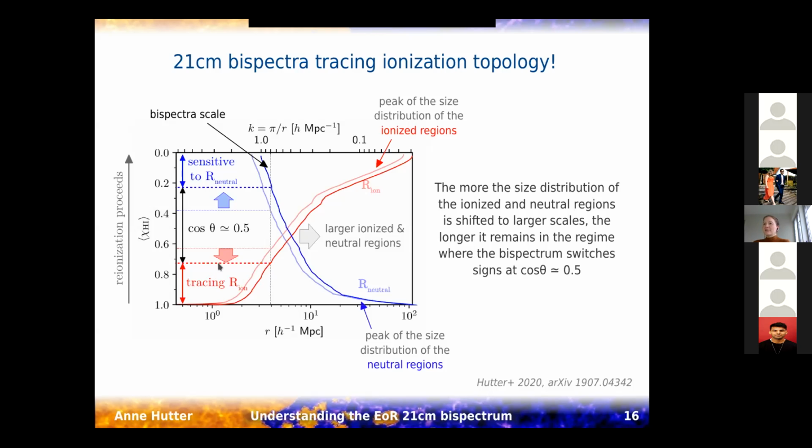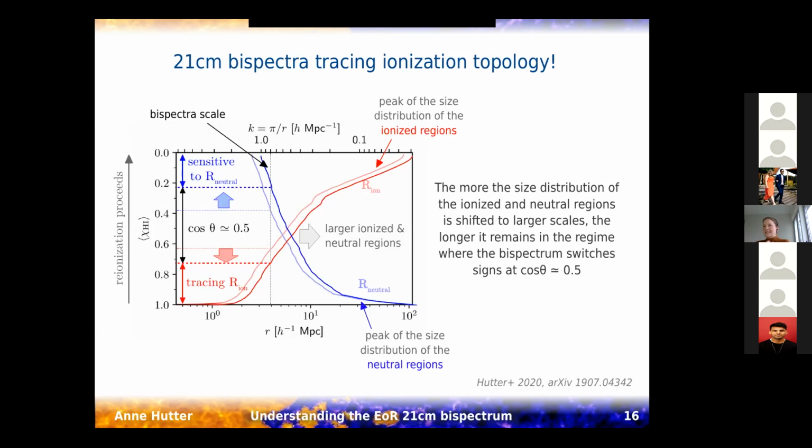The regime in which you're tracing the typical size of the ionized regions will be shorter, so you will enter the second regime far earlier. However, you will also leave the second regime, where the sign change of the bispectrum remains at a fixed triangle configuration, later, at a lower average neutral hydrogen fraction.